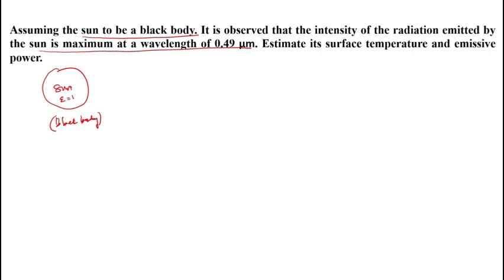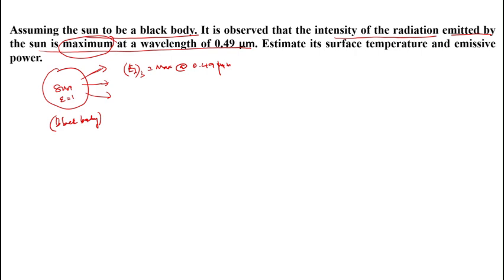It emits radiation, and the intensity of the radiation emitted by the sun is maximum at a wavelength of 0.49 micrometer. So E lambda B is maximum at 0.49 micrometer.